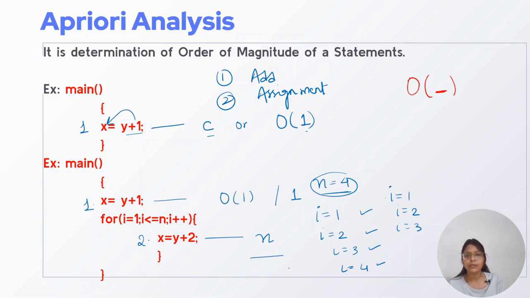So let's see what is the total time needed by this algorithm. It will be 1 plus n. You can write it as order of magnitude, and you can neglect 1 over here because 1 is far lesser than n value. So n is the total time taken by this algorithm. This is how you can find the simple time complexities of an algorithm that has basic operations as well as some simple loops.